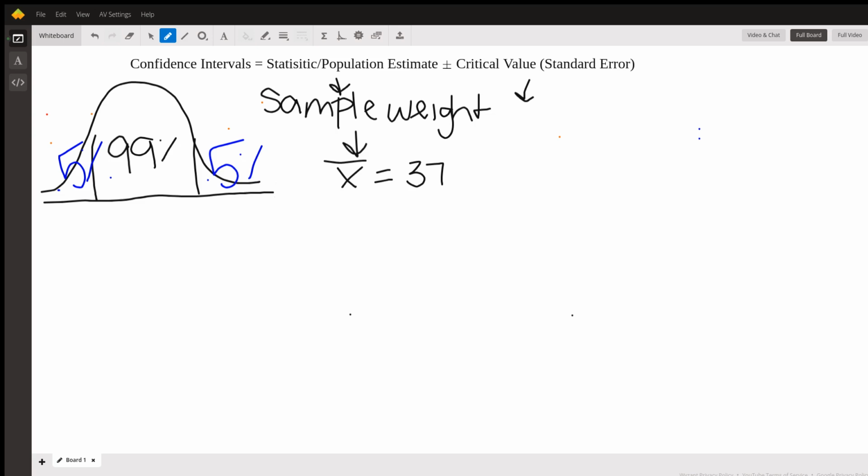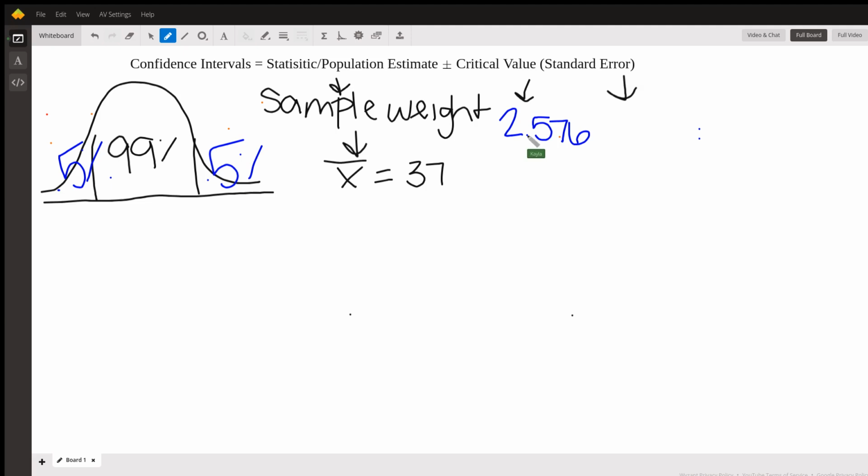Like I said, 90, 95, and 99 you may just want to memorize, and 99 here is 2.576.